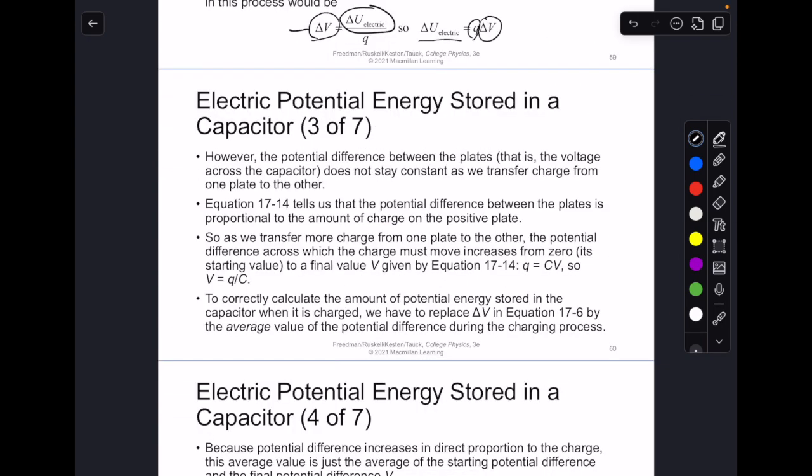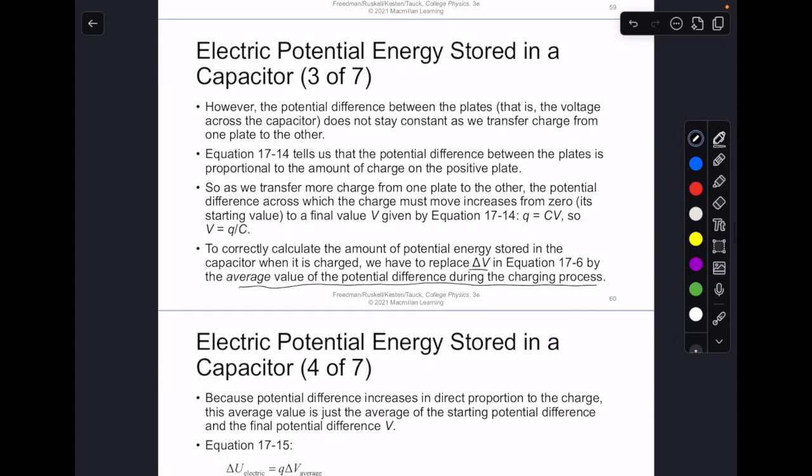To calculate the change in potential energy, we will examine delta V, and we're going to replace it with the average value of the potential difference during the charging process.